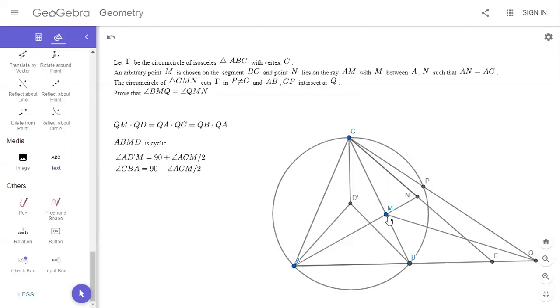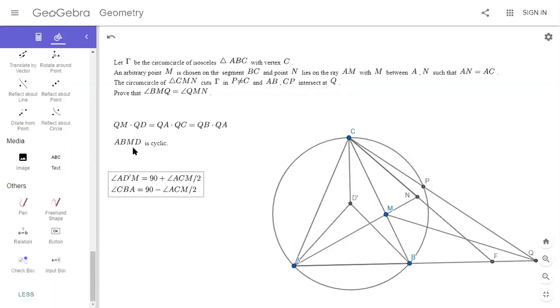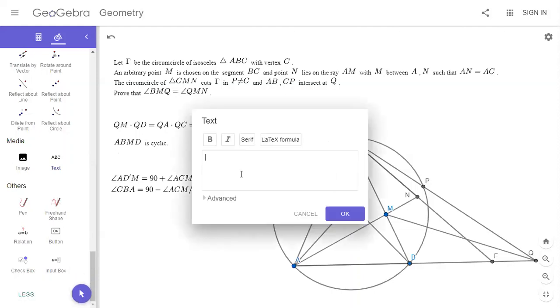AD prime M. Yes, the first fact you could get using an angle chase that's not too difficult. And then I'm just going to write, just to be super picky, if B prime is the in-center.